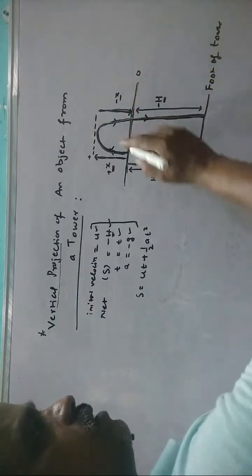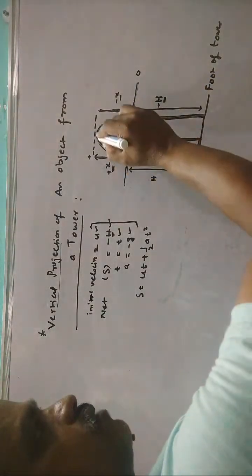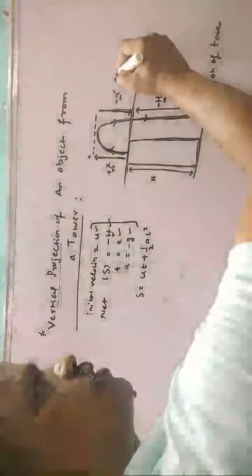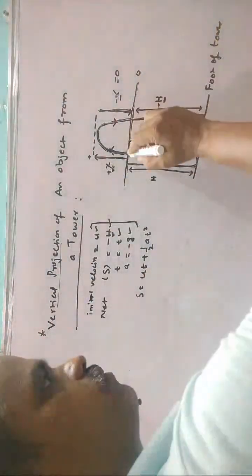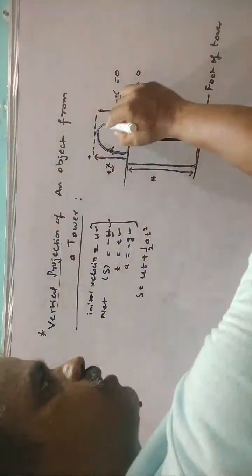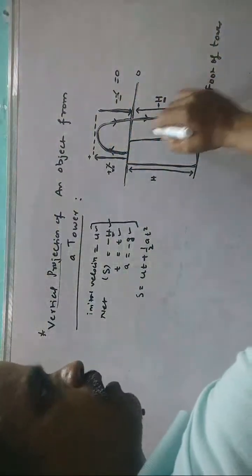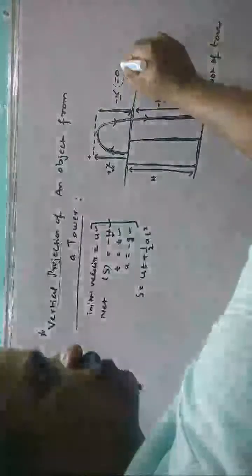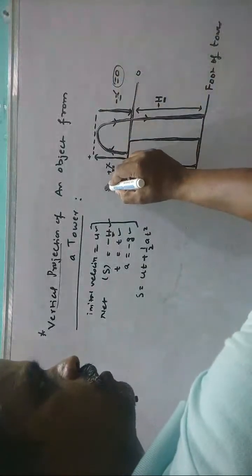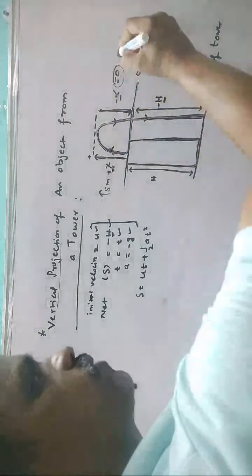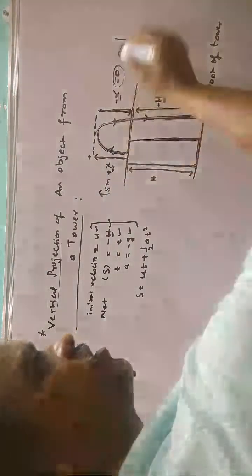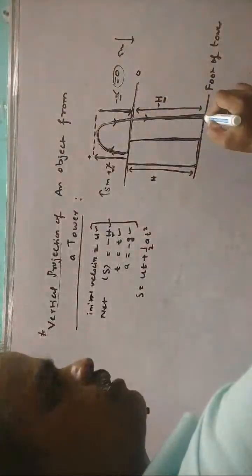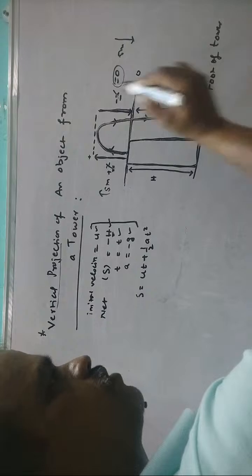See, it goes up and comes back to the same position, so that net displacement is 0. This is the actual path of the body. For example, it goes 5 meters up, then comes back 5 meters down, then net displacement is 5 minus 5, which is 0. Only this displacement remains, which is equal to minus h.